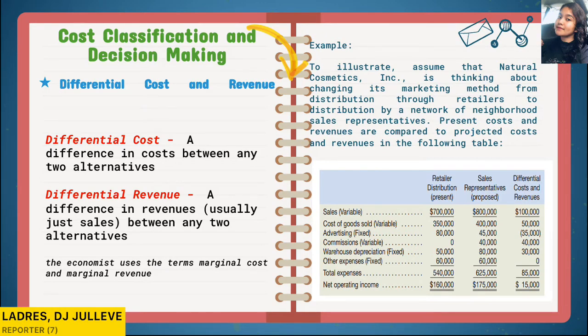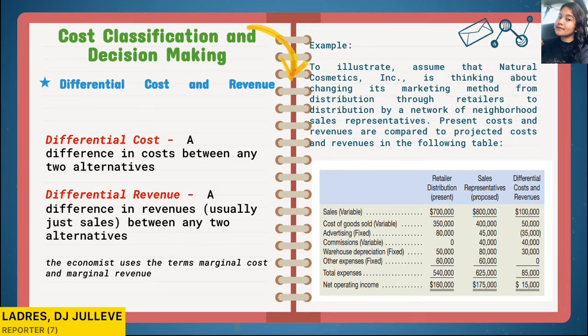The revenue that can be obtained from selling one more unit of product is called marginal revenue, and the cost involved in producing one more unit of product is called marginal cost. The economist's marginal concept is basically the same as the accountant's differential concept applied to a single unit of output.